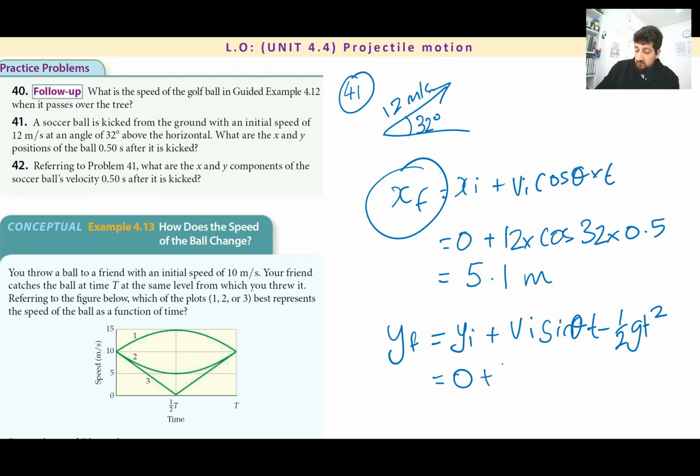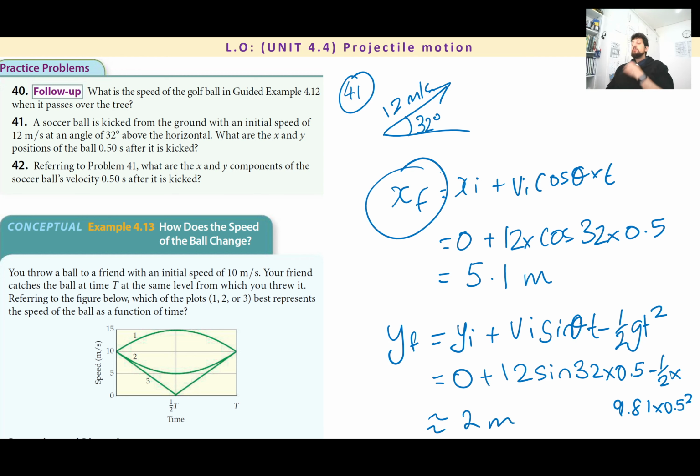Y initial is 0, Vi is 12, sine 32 once again, multiplied by 0.5 minus half times 9.81 times 0.5 squared, which is 0.25. 12 times sine 32 times 0.5 equals 3.17, minus half times 9.81 times 0.25, which is approximately 2 meters. Okay, that's how you do that one. Please make sure you read the question so that you know it's asking for position or velocity.